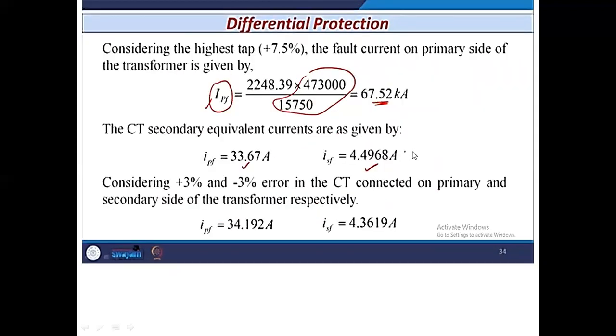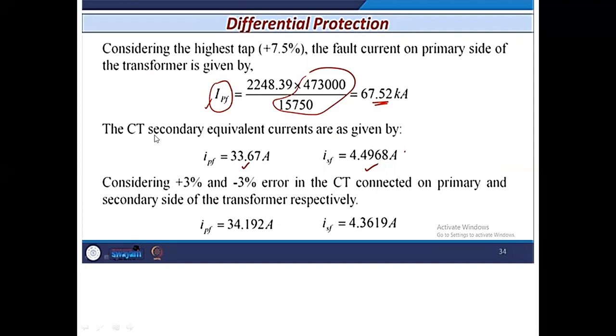Okay, so the value comes out to be 67.52 kilo ampere.